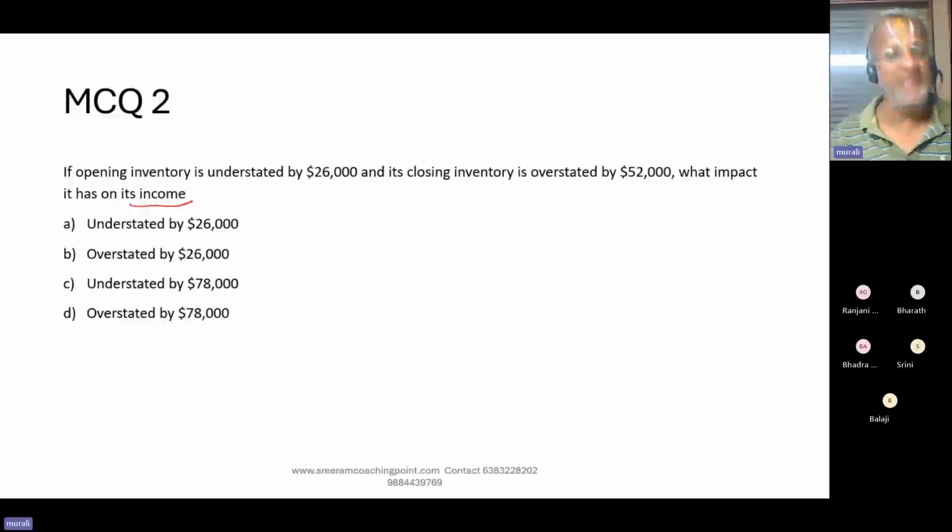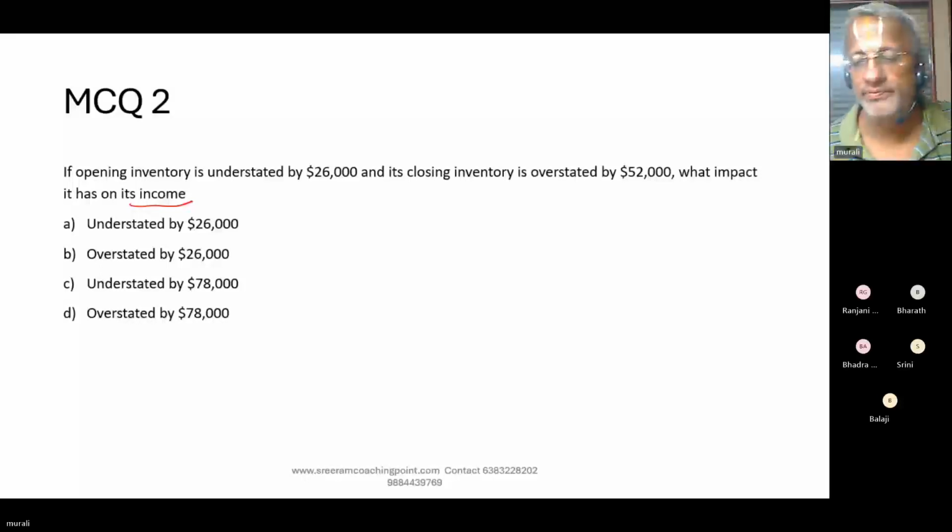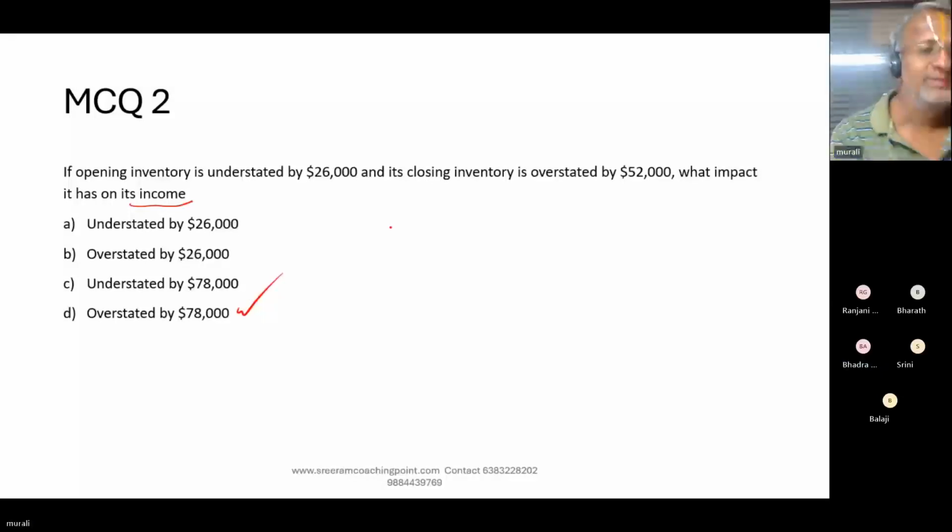Same question, same alternatives, but instead of COGS, now it is on income. Understated by 78,000, option D. That's it. You cannot say in the last problem you chose C, and in the same question, please understand where the impact they want to measure. They want to measure in COGS or income. That is what you got to look at.